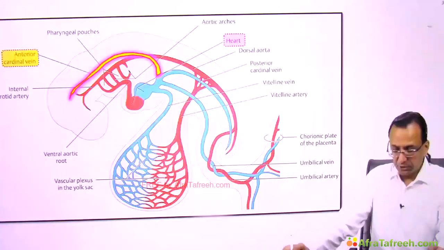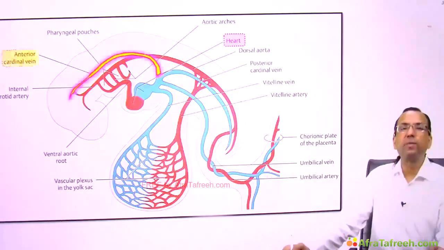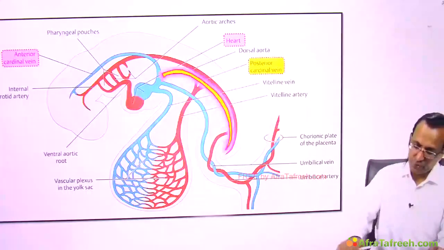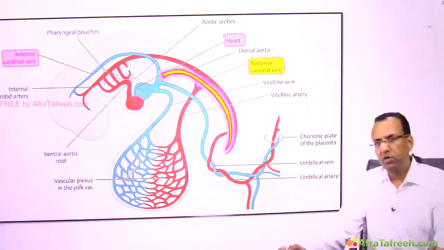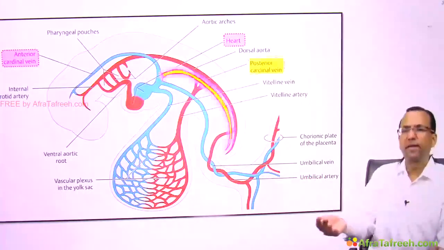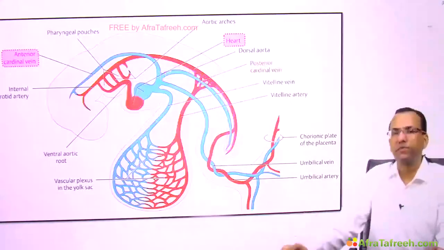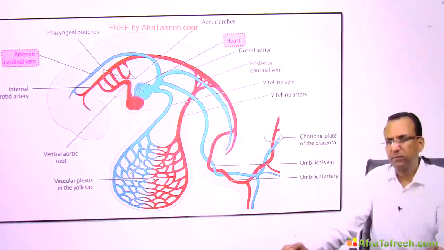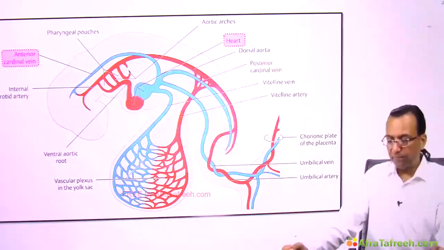Later, anterior cardinal vein contributes to superior vena cava and posterior cardinal vein contributes to inferior vena cava. So inferior vena cava is formed by posterior cardinal vein? Not only posterior cardinal vein, but posterior cardinal vein contributes to inferior vena cava. There are other veins also contributing to inferior vena cava. Which one? That we'll find out later.